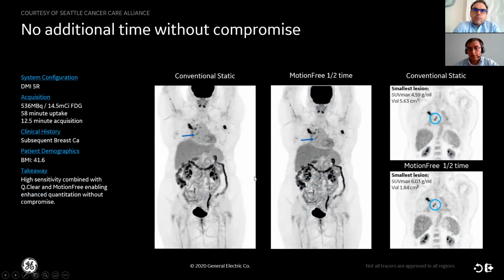Here, as we could expect, respiratory motion is not affecting only regular size patients, but also high BMI patients. And here we could see that we are able to get very good image quality, but even with half time extension of motion-free, we are able to define lesions much more clearly.